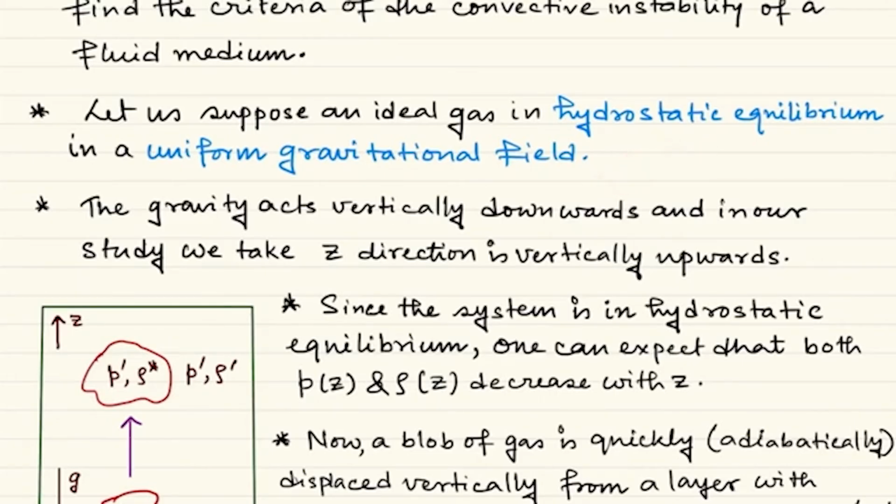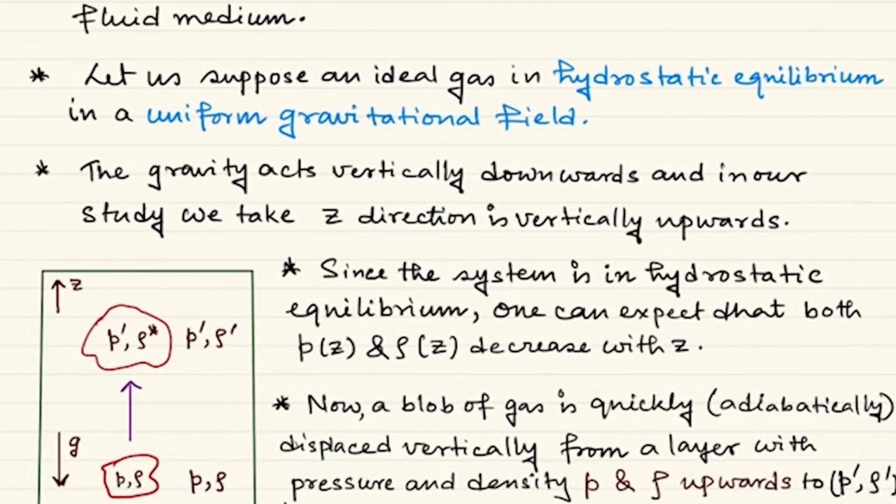Okay, now the gravity acts vertically downwards for our case. We are just now defining the system. So gravity is acting downward, and z is taken upward vertically. So gravity will be acting along the minus z direction. Now the system is in hydrostatic equilibrium, that is our assumption.